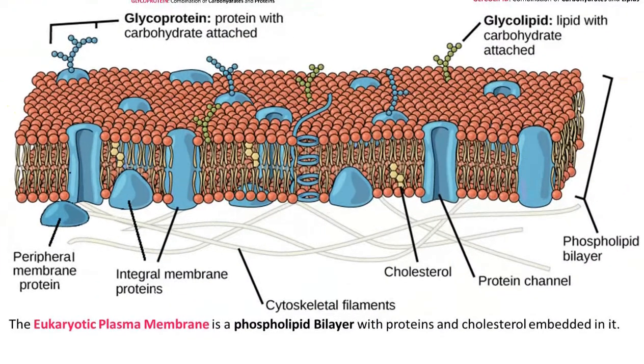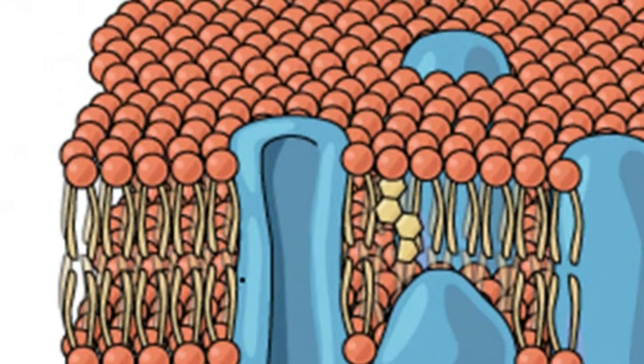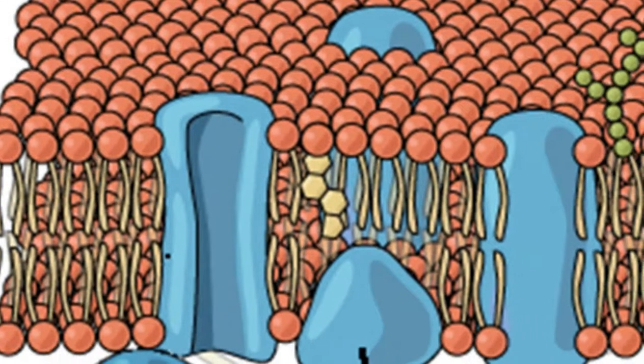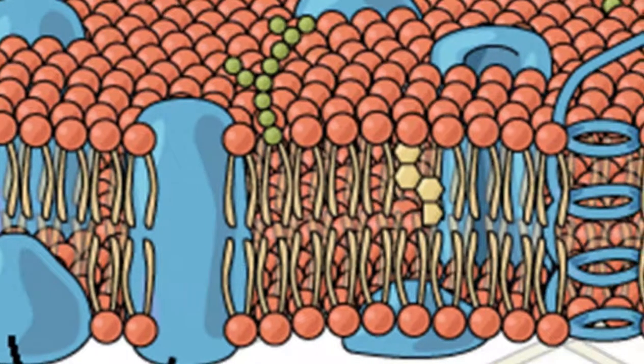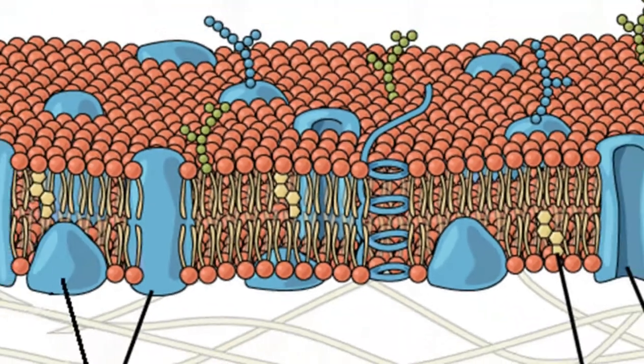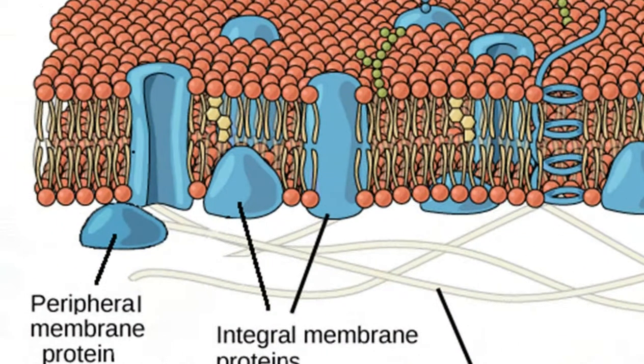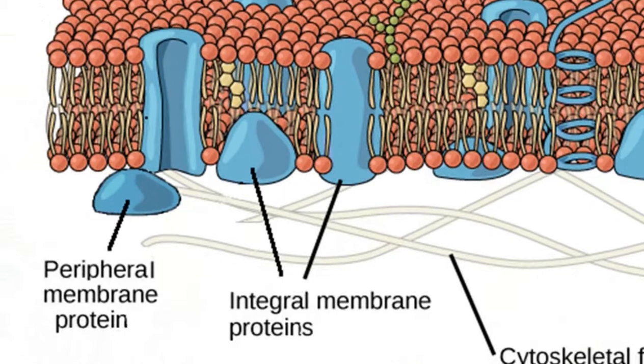Here we can observe the complete structure of the plasma membrane. The plasma membrane is a lipid bilayer, and the presence of proteins can also be observed here. Two kinds of proteins are present.